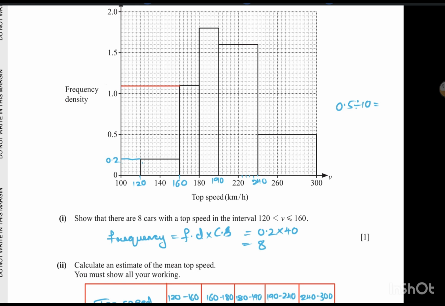Each box is 0.05, so 2 boxes will be 0.1. Then next this bar, and here it is in between 1.5 and 2, it will be 1.6.